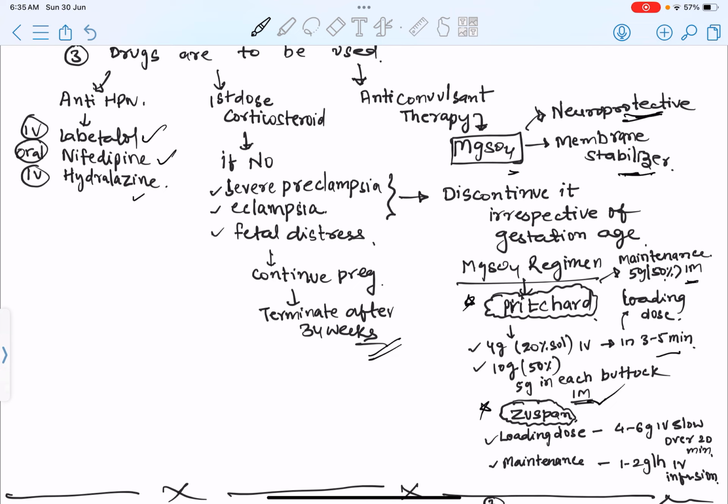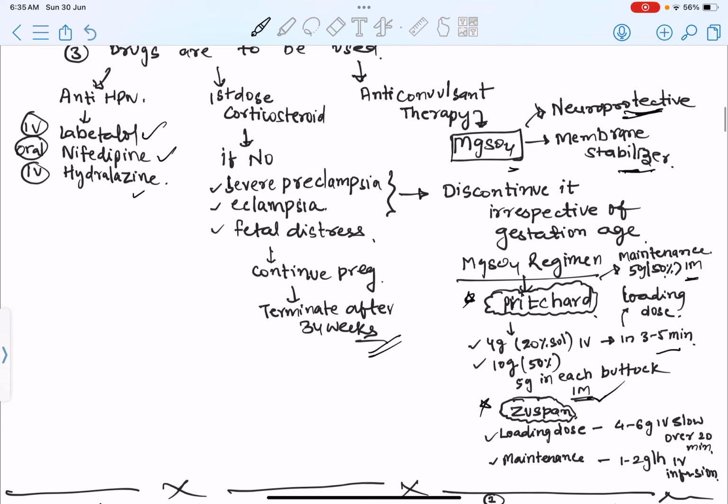In the Pritchard's regime, loading dose is 4 grams of 20% MgSO4 IV, which is given in 3 to 5 minutes, and 10 grams of 50% MgSO4, 5 grams in each buttock intramuscularly. So the maintenance dose in Pritchard's regimen is 5 grams of 50% MgSO4 IM.